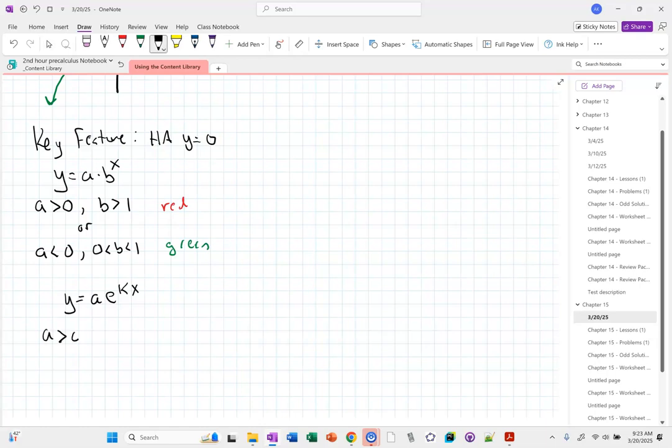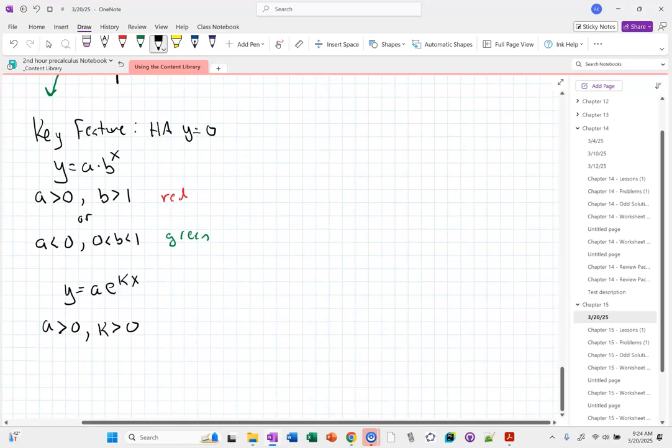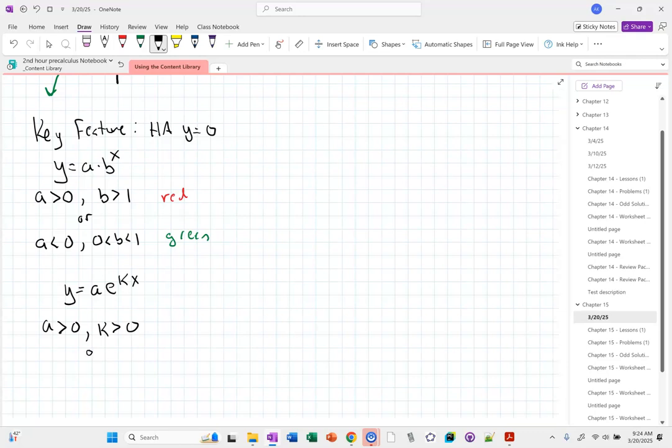Here you need a greater than 0 and k greater than 0, or a less than 0 and k less than 0. Again, this would be equivalent to the red one, and this would be like the green one.